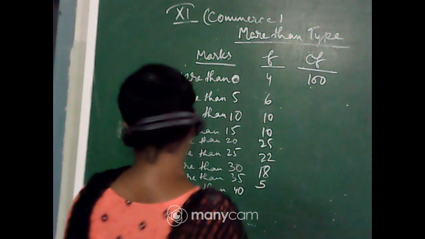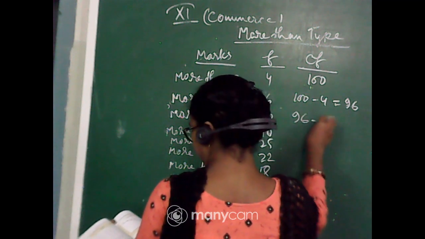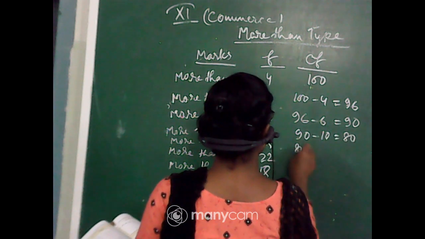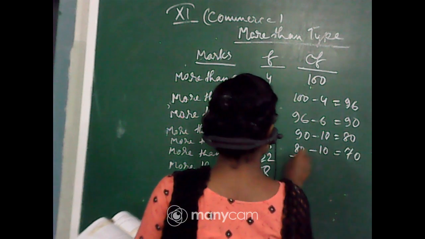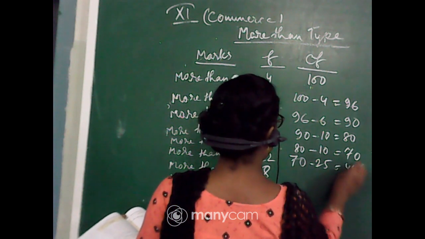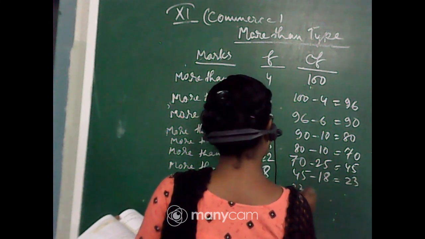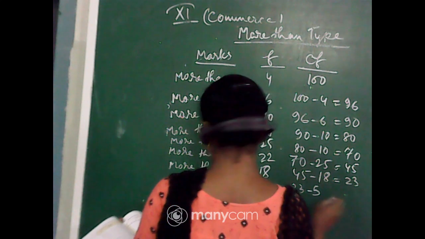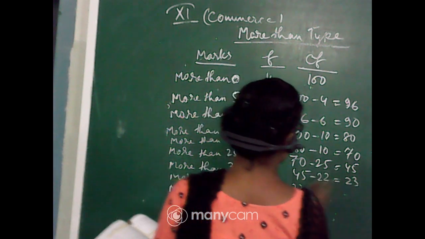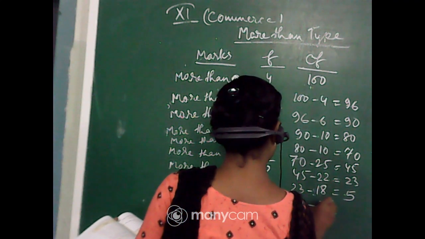So first one is 100, next 100 minus 4, 96, 96 minus 6, 90, 90 minus 10, 80, again 80 minus 10, 70, 70 minus 25, 45, 45 minus 18, 23, 23 minus 5, sorry, this one is 22, next one is 18, it is 5, next one 5 minus 5 is 0.